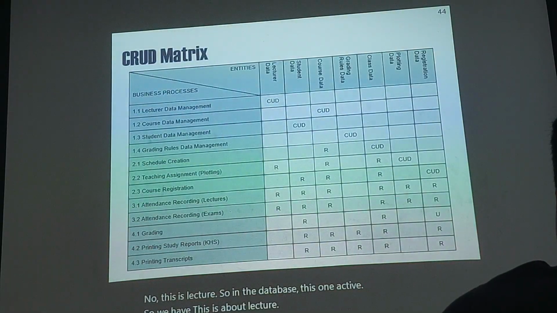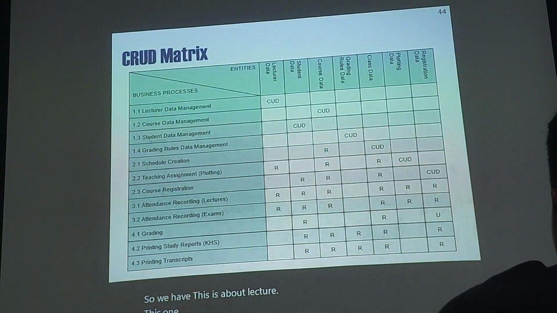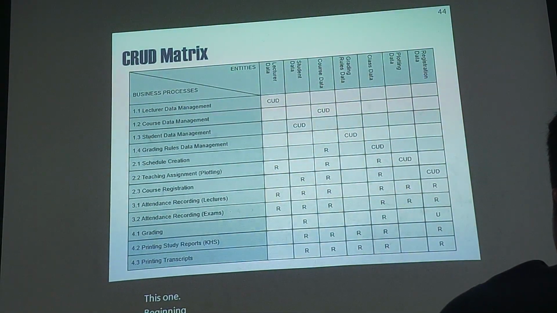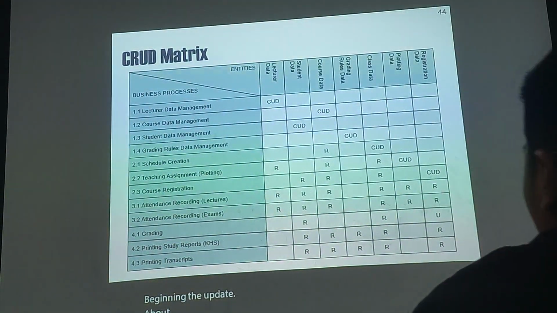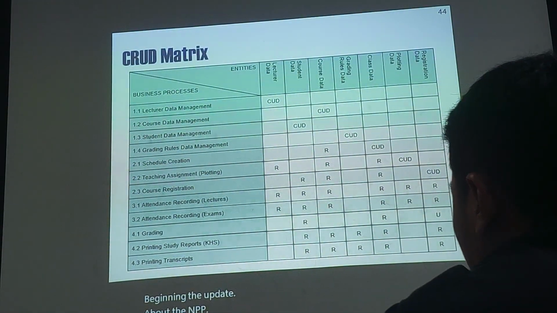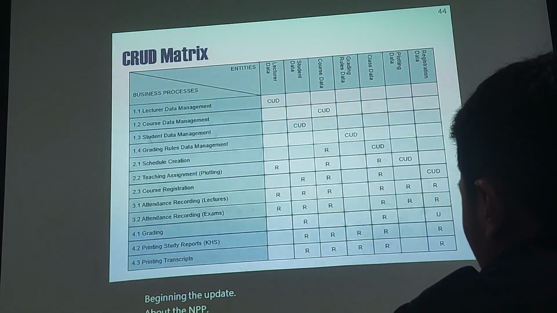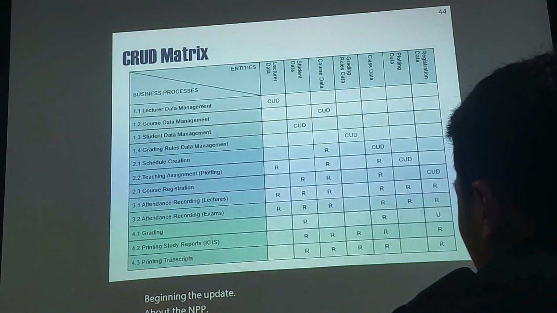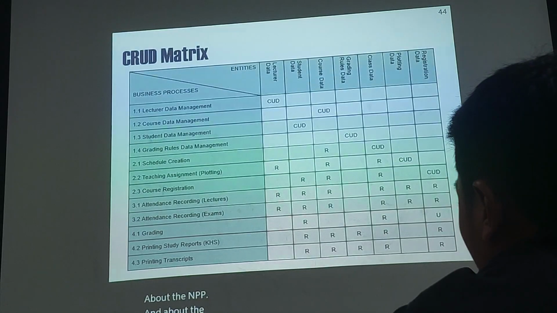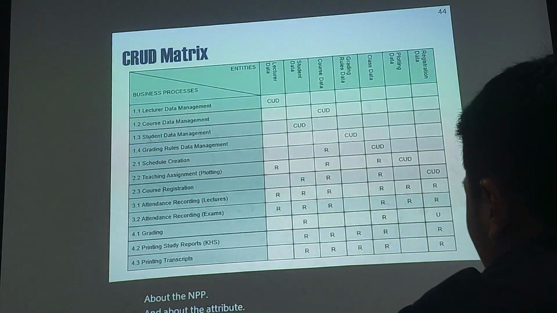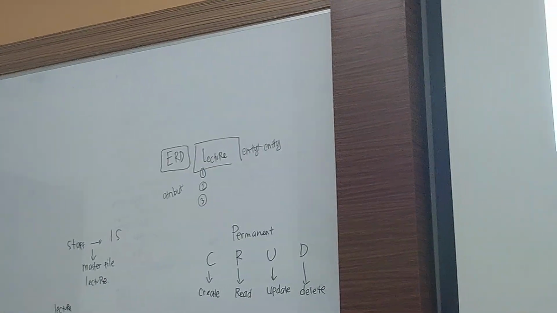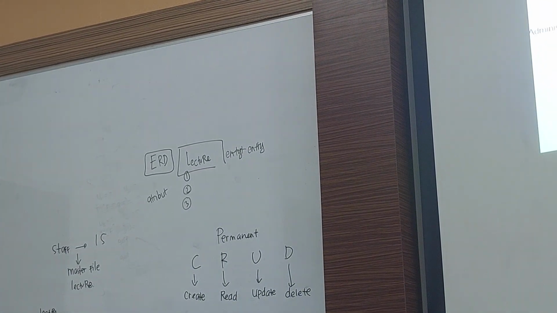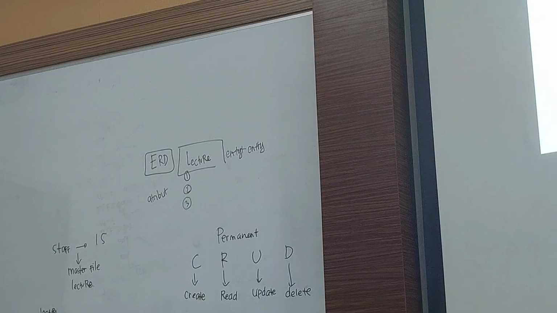Maybe ERD. You know about the entity? Yes, entity. And you know about the attribute? Yes. So create, update, delete is about create, update, delete in their entity and attribute.